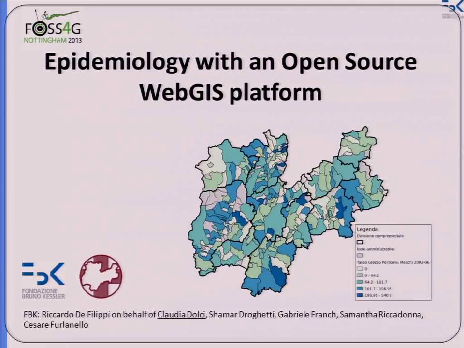The privacy, it's a very hot topic. So if you are within the sanitary service, and I ask Shamar to correct me if I say something wrong, because he's the person who overviewed the development of the platform, the medical staff can look at the data at the finer scale, so they can even see the person, the address, and all this information that they might need for the specific case.